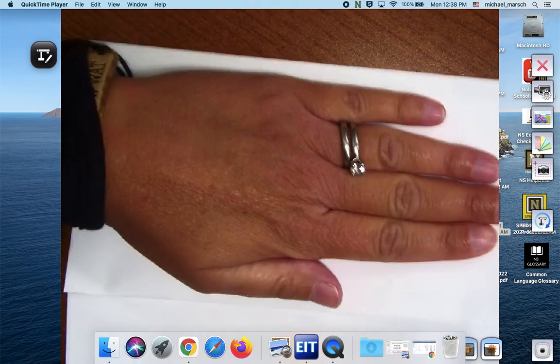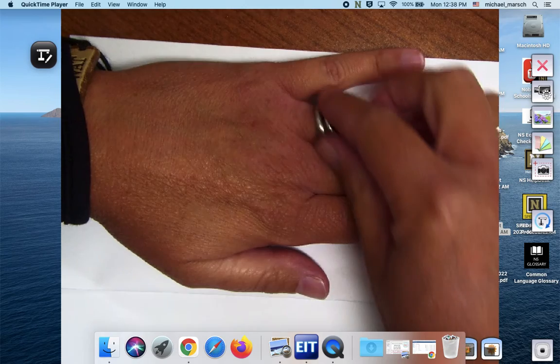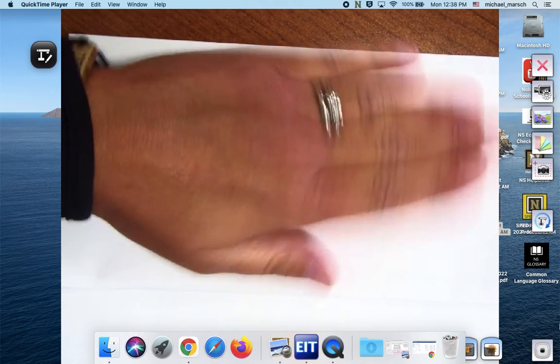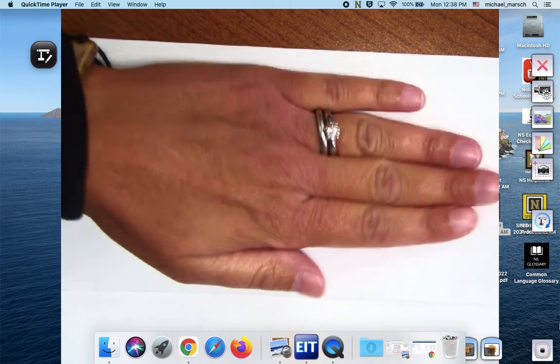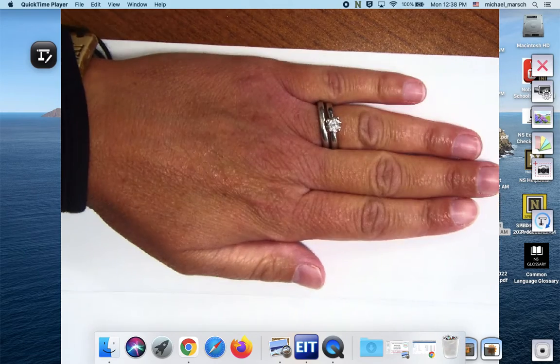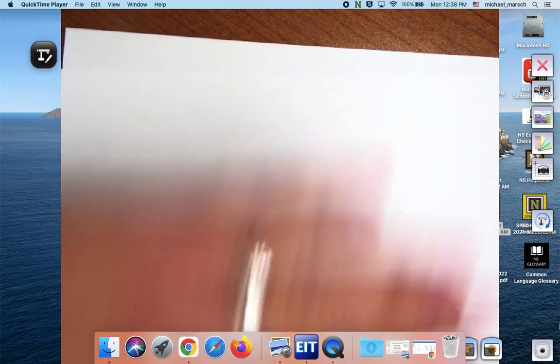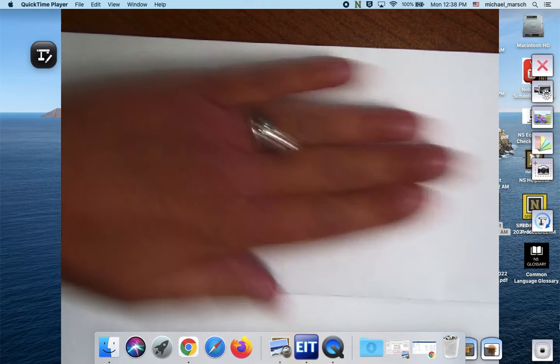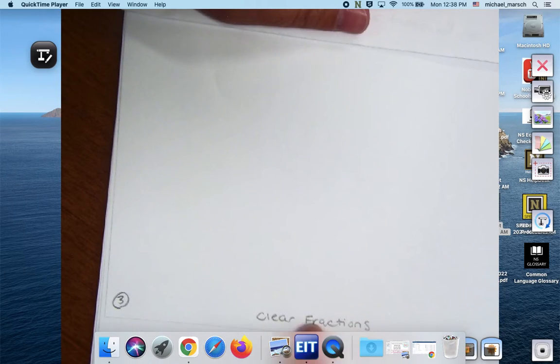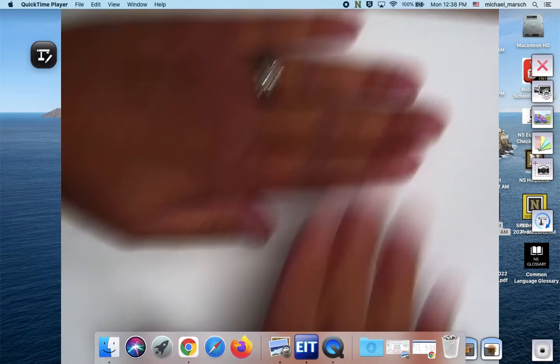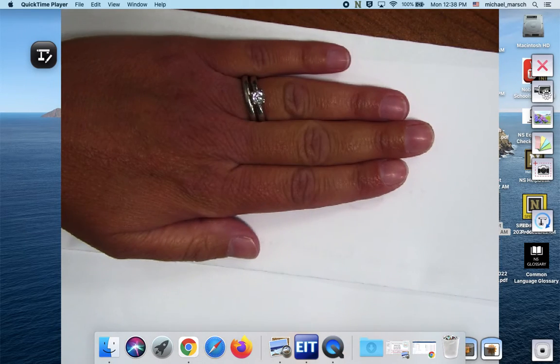So flip the page, and we're going to write up here on the top. Matthew, you with me? Okay. Down here it says clear fractions. We're not going to write here yet. We're going to write up here at the top.